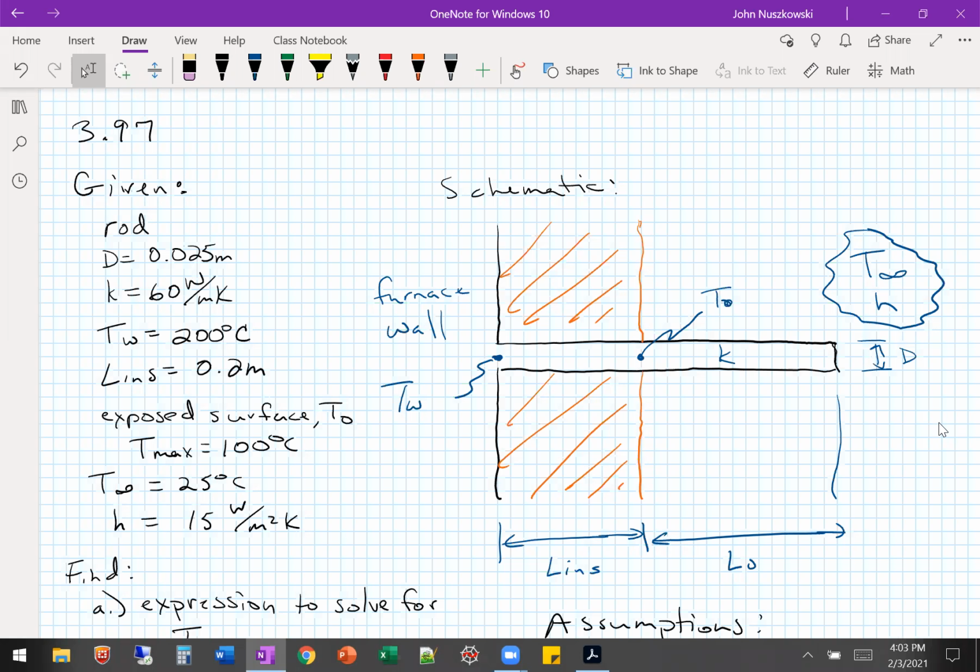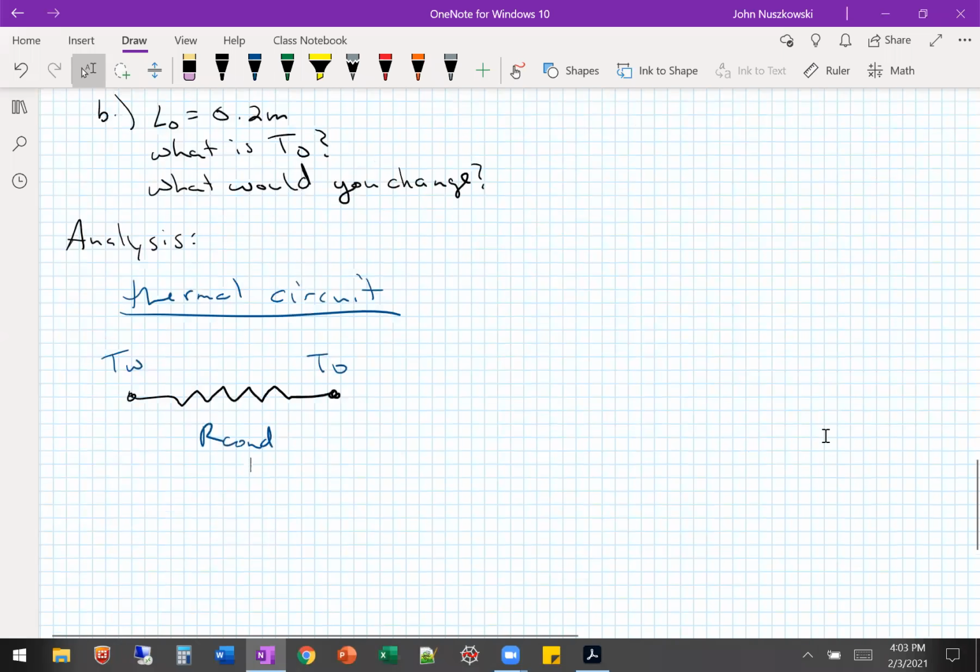So this is a combined conduction and convection that are not separable. So this is the new part. This is just a single resistor, and that resistance is the resistance of a fin.